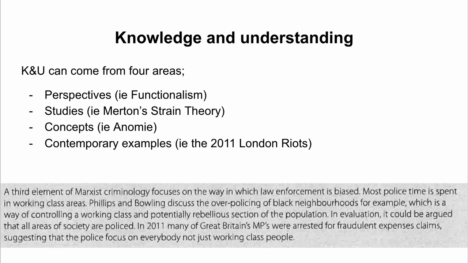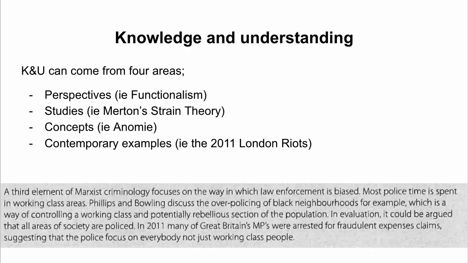So here's a paragraph from that Marxism essay. This is an exemplar, top level Marxism essay. As we're reading through it, have a think about where's the evidence? What would you categorize as good evidence here? It says: the third element of Marxist criminology focuses on the way in which law enforcement is biased.